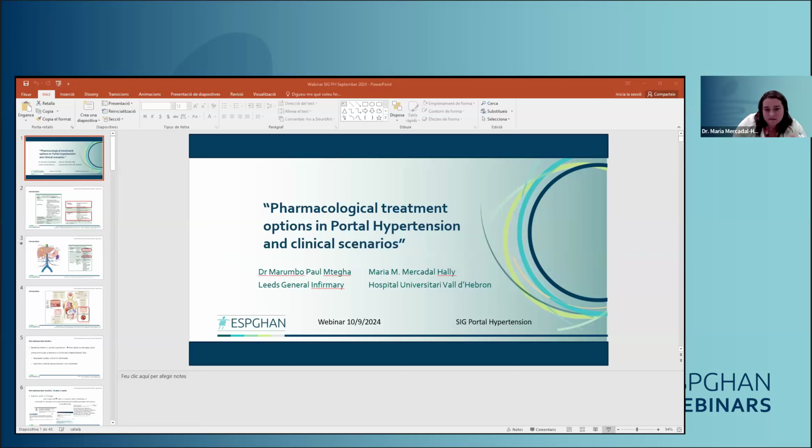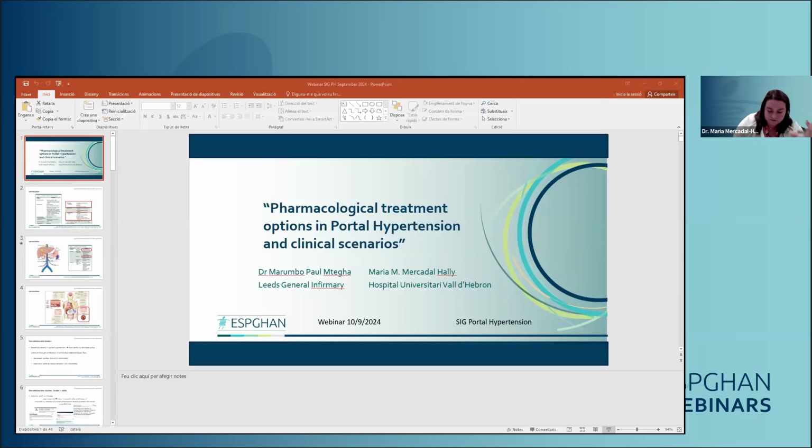It differs in adult patients because mainly all the studies done in adults are in patients with cirrhosis. So obviously, when we talk about all the studies done up until now, we do have to keep in mind that the majority of patients in adults are going to be with cirrhosis and not portal vein thrombosis.